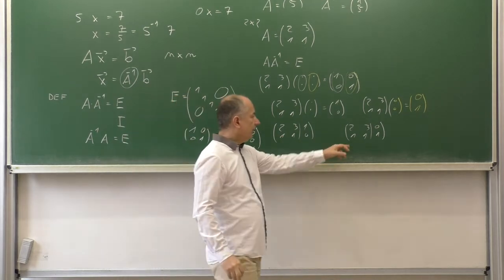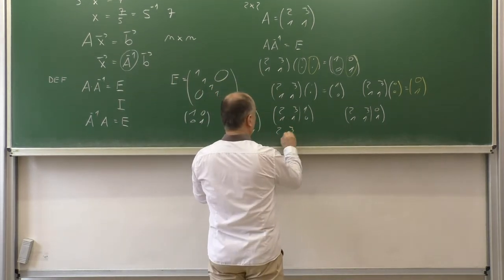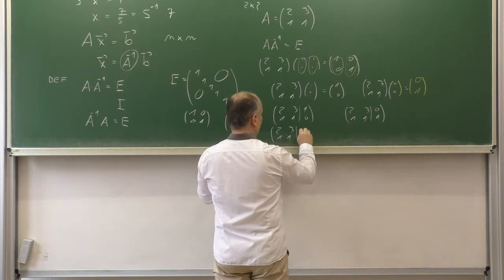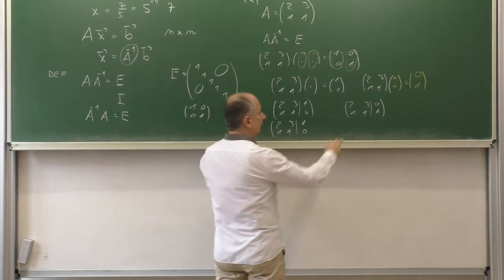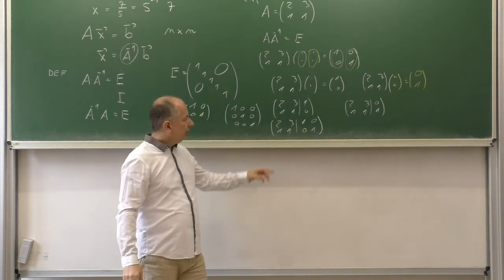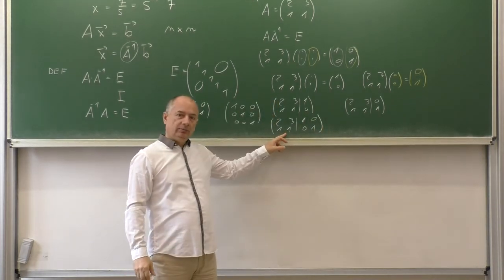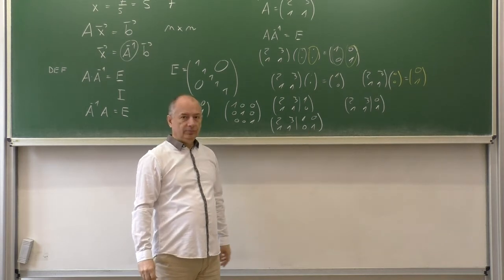We can combine this into a single large matrix, namely 2, 3, 1, 1. One column for the first system and another column for the second system. Actually, we write the matrix A, and then we write the identity matrix to the right.